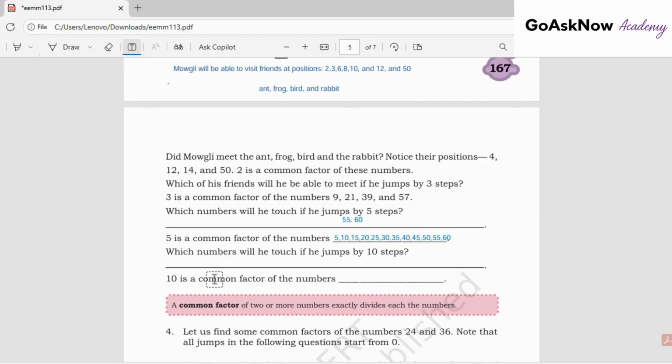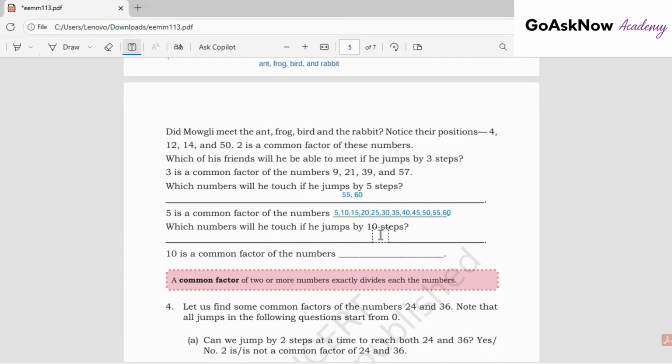Next, which number will he touch if he jumps by 10 steps? While coming by 5 steps, he will reach the same ones: 5, 10, 15, 20, 25, 30, 35, 40, 45, 50, 55, 60.